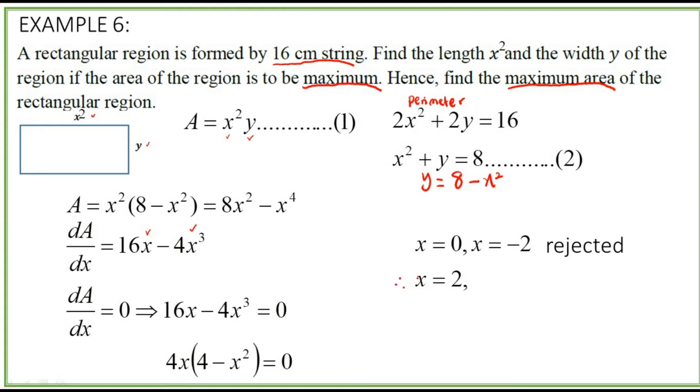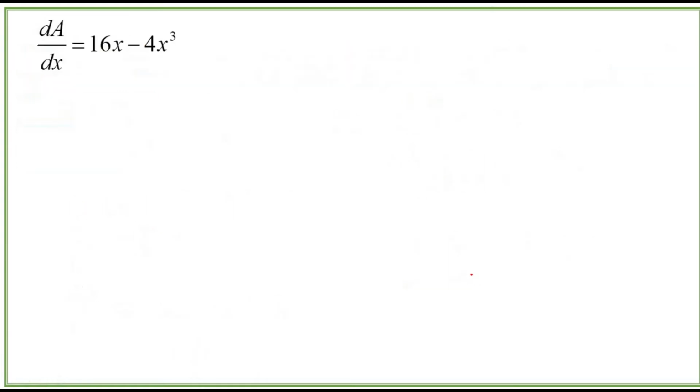But we are still not sure whether x equal to 2 will give a maximum result. So now we have to check whether x equal to 2 will provide a maximum area for our rectangular region.